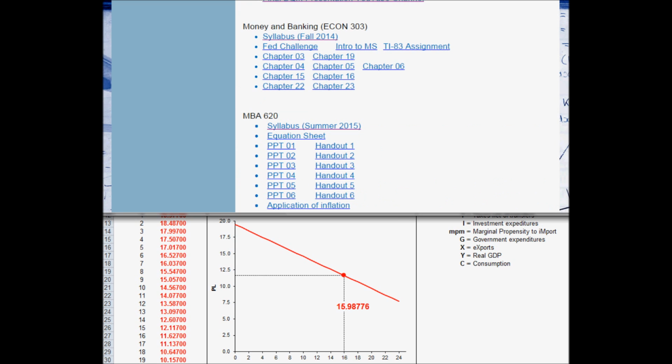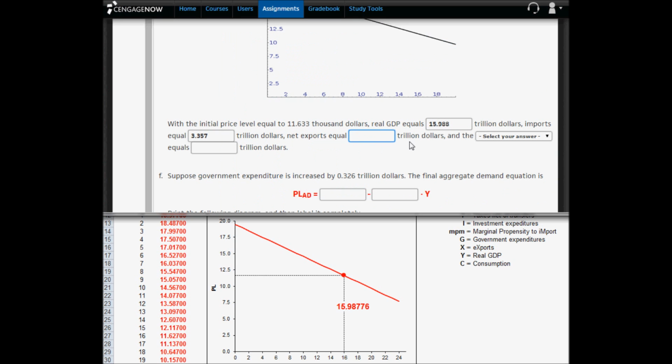So we're going to copy that into here. Net exports equals a negative $0.358 trillion. Now, because that's negative, we have a trade deficit. And that trade deficit equals $0.358 trillion. We don't need the negative because negative implies deficit.